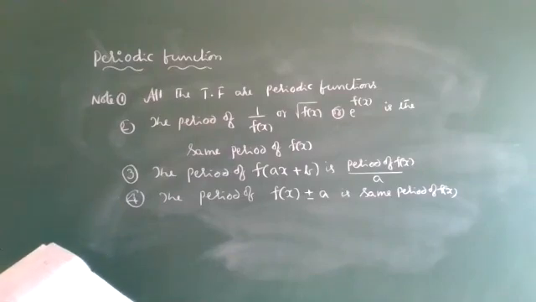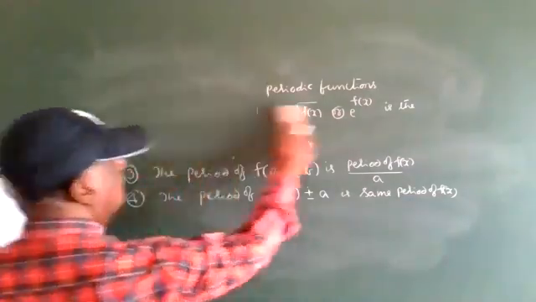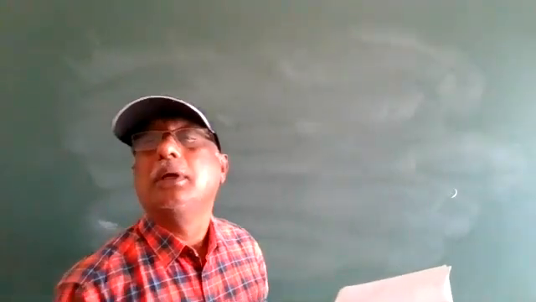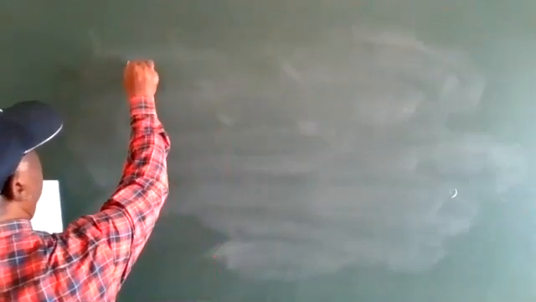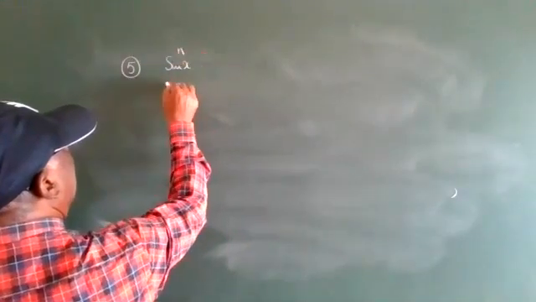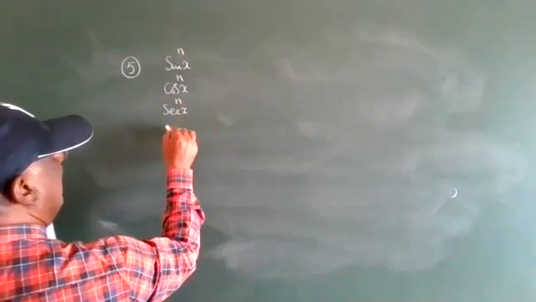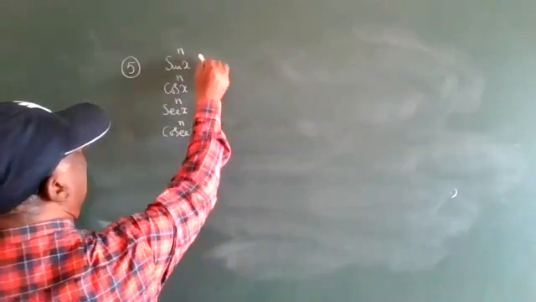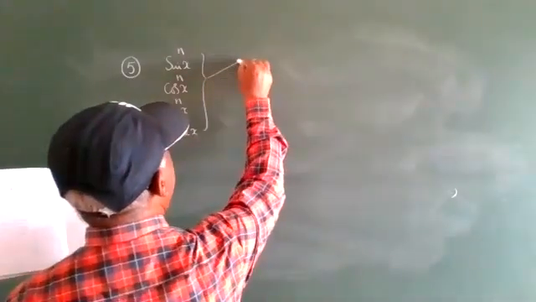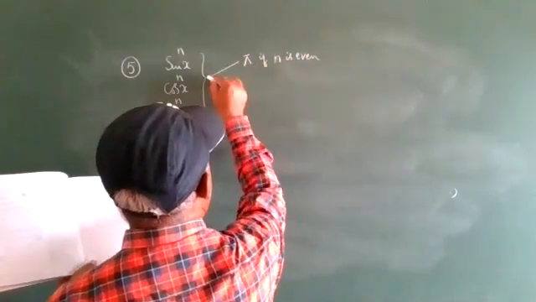Next, note point number 5: for sin x power n, cos x power n, sec x power n, cosec x power n, the period is pi if n is even.